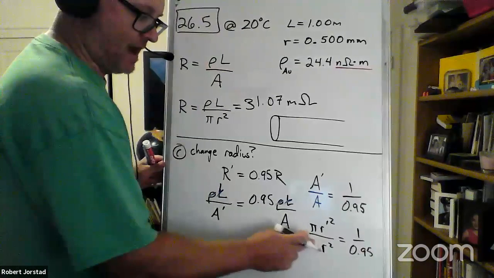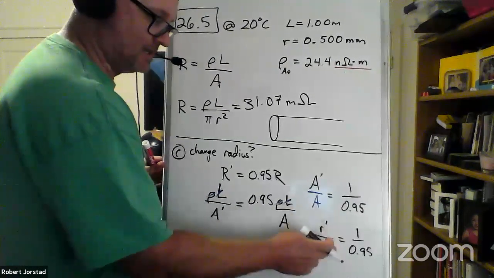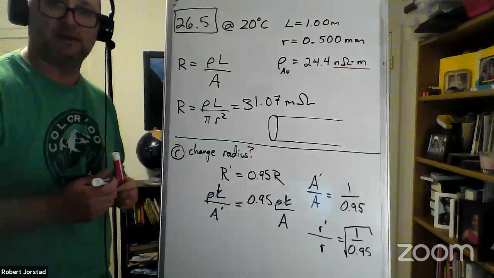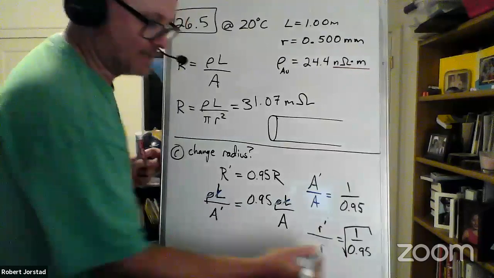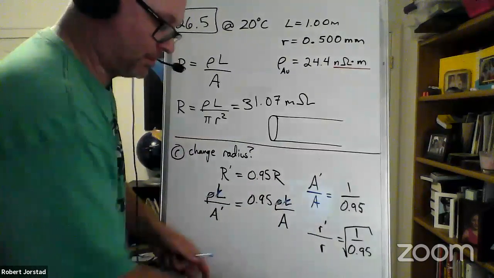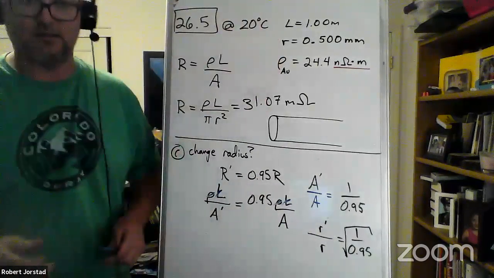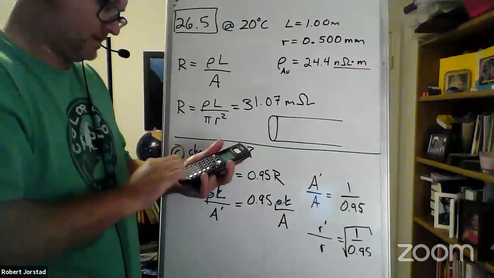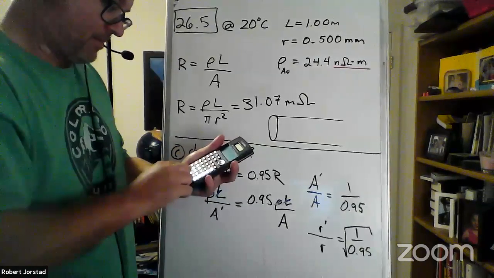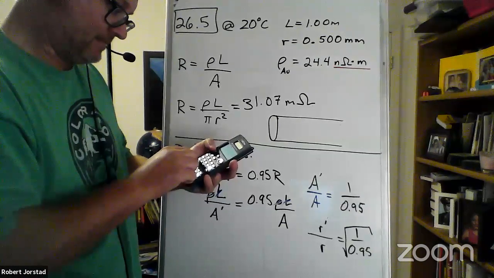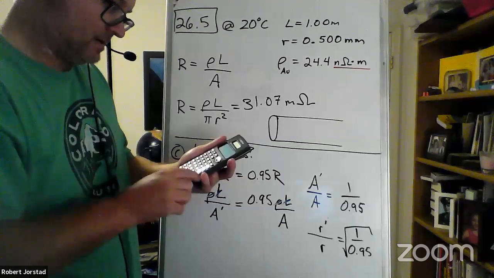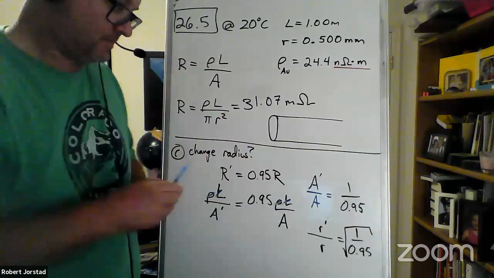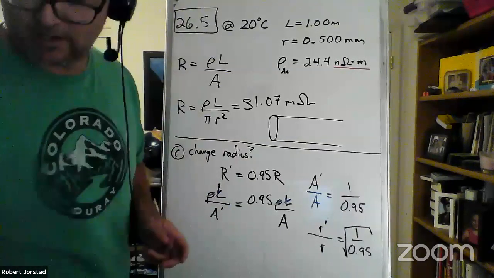And the pi's drop. I could drop these if I take a square root. I need to increase the radius by that factor, which when I plug that into my calculator, one divided by 0.95 and then square root it, is 1.026. That's not what I want to write on the whiteboard with.